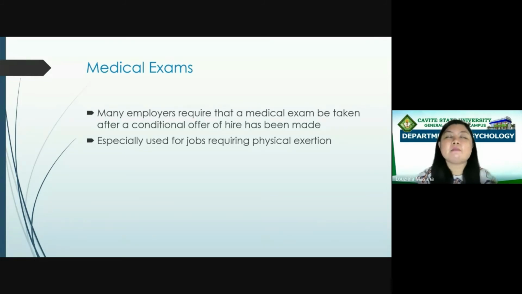Kahit na pasado siya sa mga tests na binigay ng HR, kahit na very impressive siya sa interview, kahit na napasa niya lahat ng psychological exams, kung meron siyang TB, hindi siya pwedeng tanggapin as teacher. I think it also follows and applies still today kahit na online yung platform na ginagamit. Ang taong may TB ay bawal maging teacher.